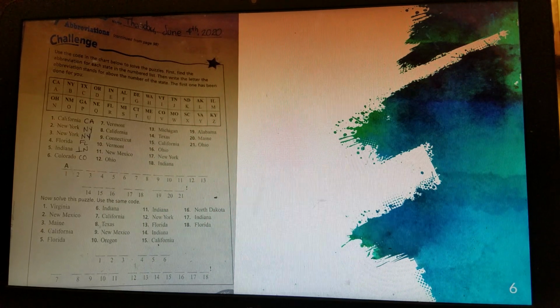So I already wrote for you some of the initials on the numbers besides the state. Florida, FL, Indiana, IN, Colorado, CO. And you will use the chart and the letters to write a puzzle. You will write the letter that stands for each of the letters on the lines to decode the secret message, okay?